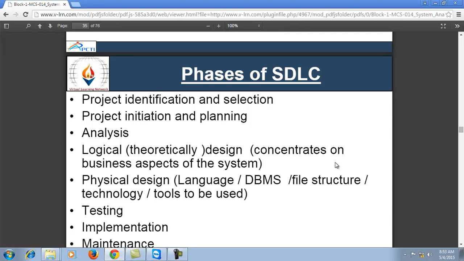Now, we are coming back to our topic that after the feasibility study, a feasibility report is generated. And this feasibility report goes into the hands of all the persons who are directly or indirectly involved in the work of the system development life cycle.